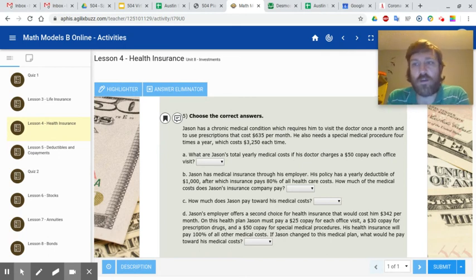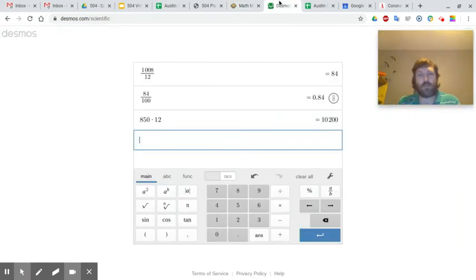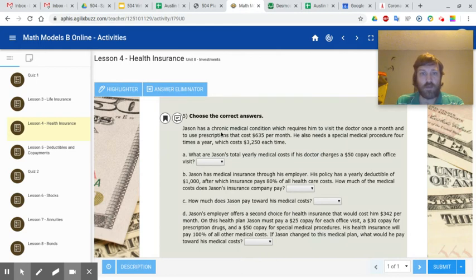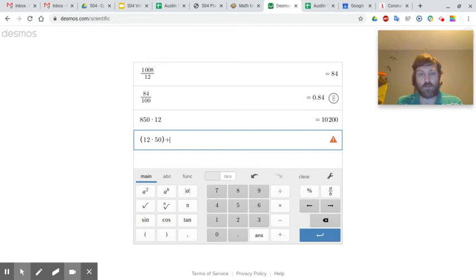In part A, it says, what are Jason's yearly medical costs if his doctor charges a $50 copay each office visit? A copay is just what he pays: his doctor's visit costs $50 each time. He visits the doctor once a month, so 12 times 50, in parentheses, is the doctor visits. Then he has prescriptions of $635 each month times 12.